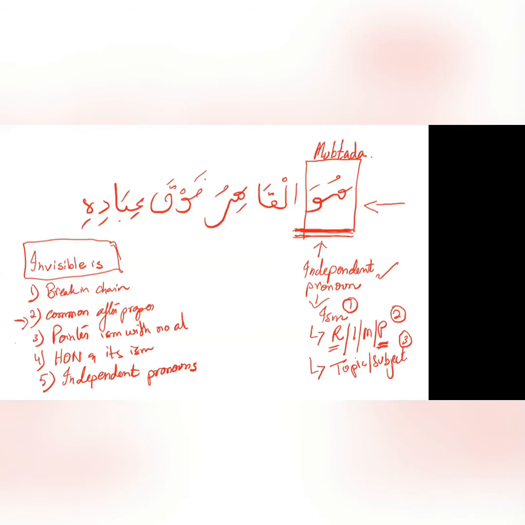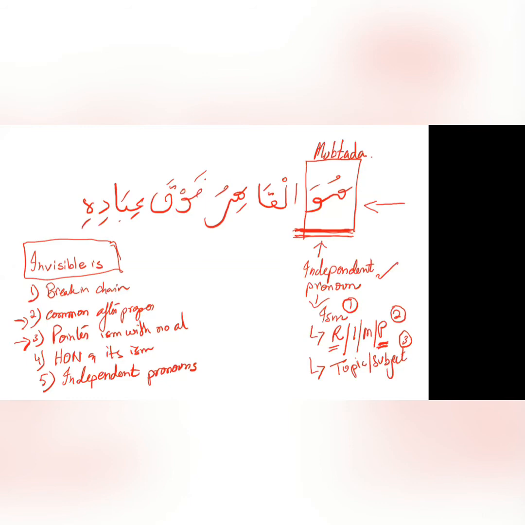Number three is pointer ism with no al. Now we know when we did the pointer fragment that if an ism comes with al on it after pointer ism, it will become musharun ilay, and then with isme ishara and musharun ilay, you will have the pointer fragment.